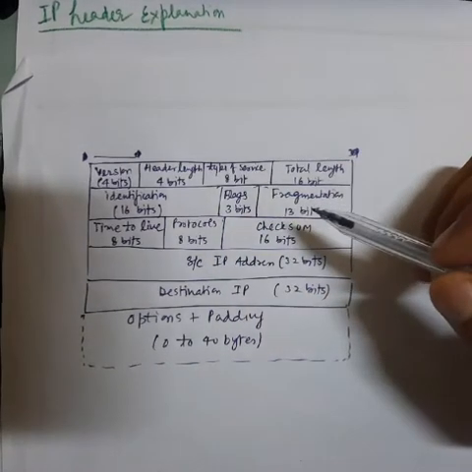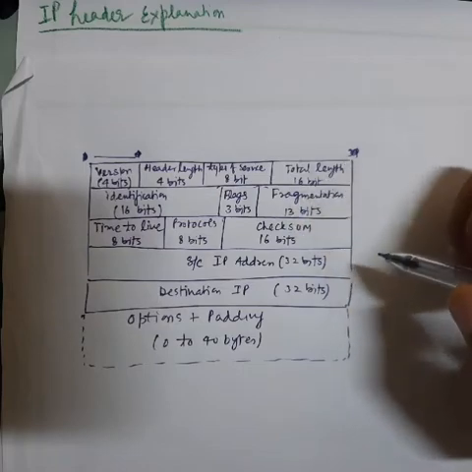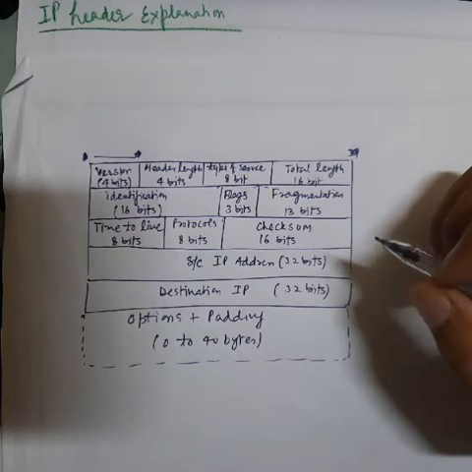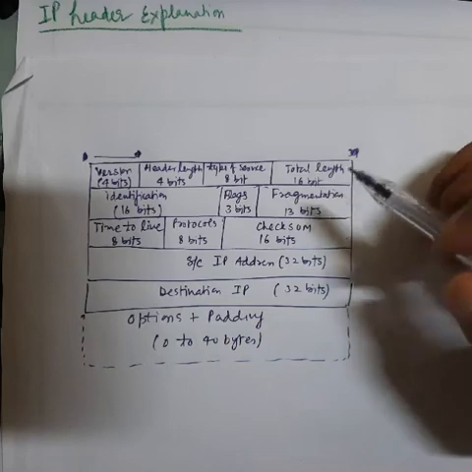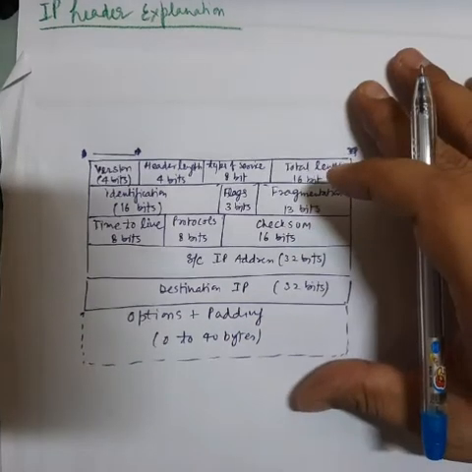Actually, in the IP protocol, there are four different protocols. The first one is IP itself, and the major responsibility of this IP protocol is packetizing, forwarding, and packet delivery in the network.